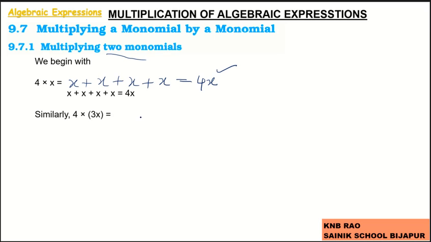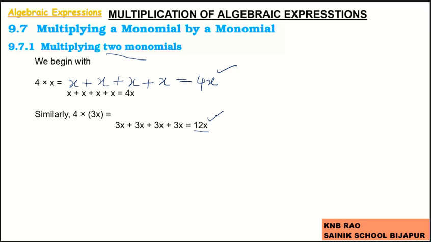Now coming to another example, 4 into 3x. What is the meaning of 4 into 3x? 4 into 3x is nothing but 3x added to itself 4 times, where 3x plus 3x plus 3x plus 3x, you know how to do addition of like terms. When we add, we get 12x. So multiplication is nothing but repeated addition.